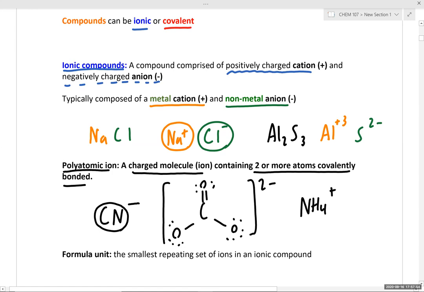So polyatomic ions are a collection of atoms covalently bonded with a net overall charge. Does this make sense? Perfect.